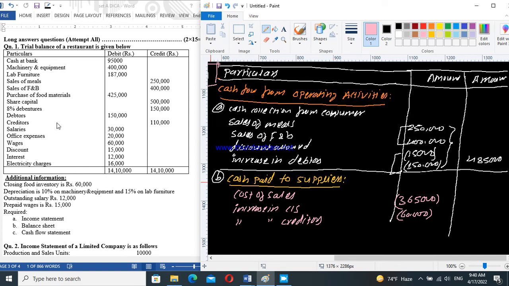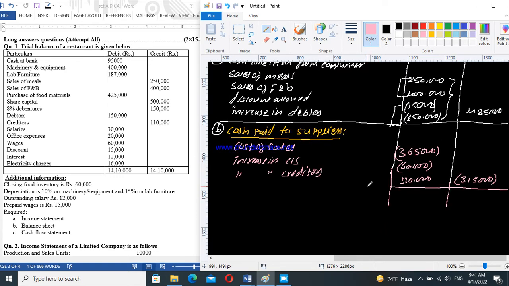If you have any discount received, you can write it in this section. Write the values: 365 plus 60 minus 110 is 3,15,000. This value is negative. Okay, move on.